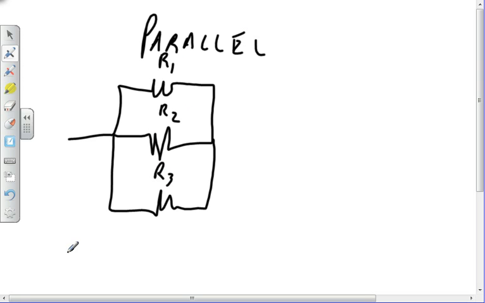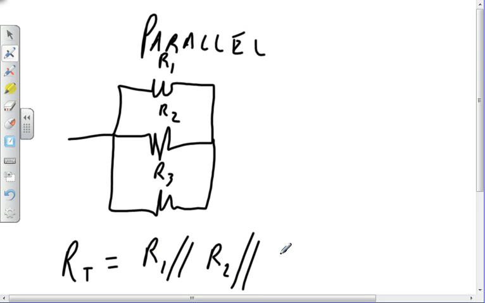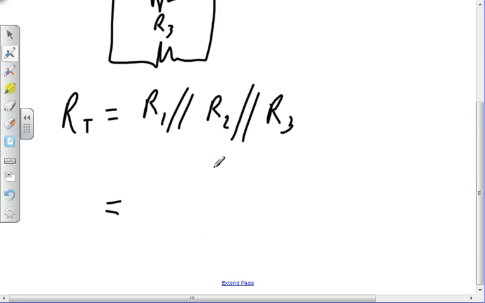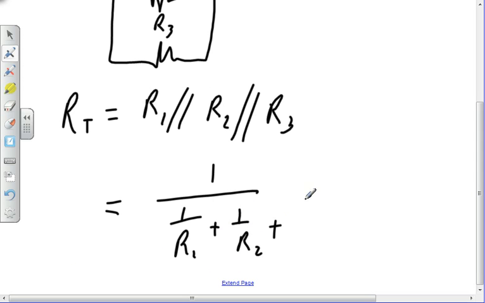The total resistance is R1 in parallel with R2 in parallel with R3. So that'd be shorthand of writing that notation, but that won't do me much in my calculator. It is also 1 over R1 plus 1 over R2 plus 1 over R3.